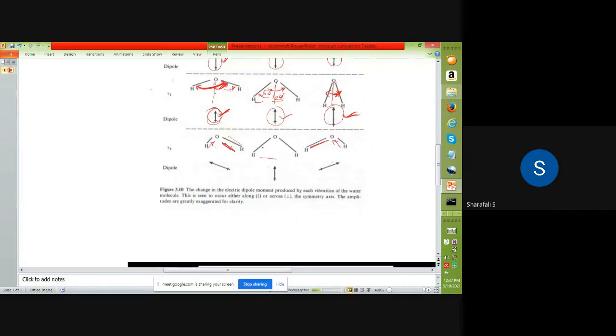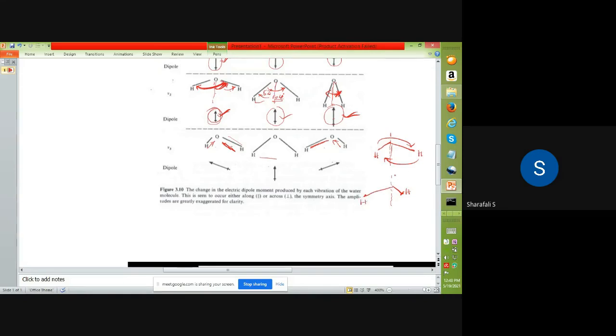So such a kind of vibration is antisymmetric vibration, because the vibration is not symmetric with respect to the axis. How can we say that? If you consider the central axis, the C2 axis, you will have one hydrogen position here and the next hydrogen position here. If you rotate this by 180 degrees, then we will have this hydrogen position here, and this hydrogen here.